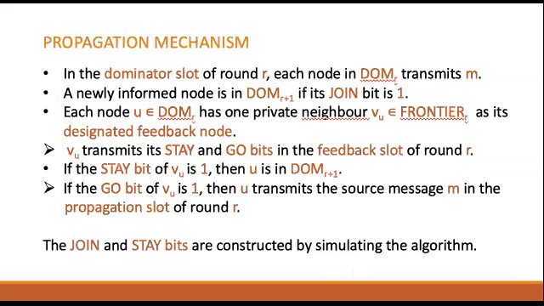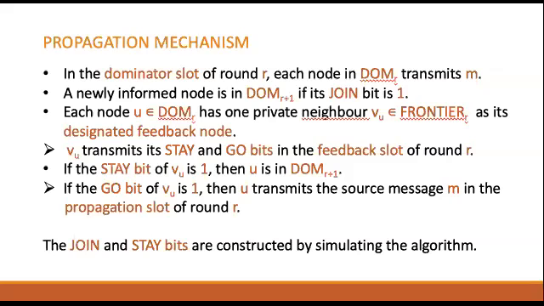The only difference in the feedback slot is that each designated feedback node transmits its go bit as well as its stay bit. A node in the dominating set also transmits the source message in the propagation slot if it received a go bit with value 1 from its designated feedback node in the feedback slot. Otherwise, it does not transmit during the propagation slot.